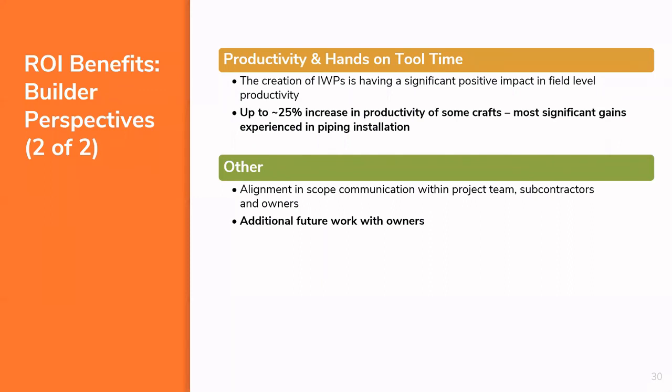And probably the biggest thing that we heard from a series of builders was, if you're good at advanced work packaging, if you're good at WorkFace planning, and you get great results for the owners, it does result in additional work. That's probably been the biggest driver for the companies that have adopted AWP. We know of a number of owners now that have said to their contractors, if you don't do advanced work packaging, you probably don't want to bother bidding because you won't make it through our bidding process.